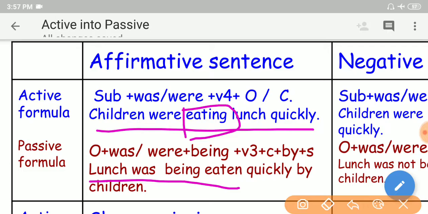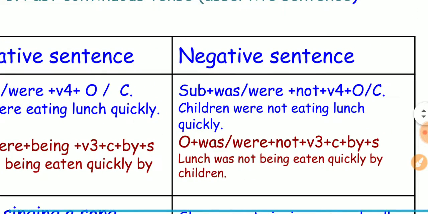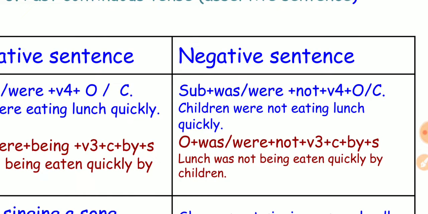In order to retain passiveness, we must change it into being eaten. Eating is active, being eaten is passive, my dear friends. Again, lunch was being eaten quickly by children. The negative: children were not eating lunch quickly. Lunch was not being eaten quickly by children.